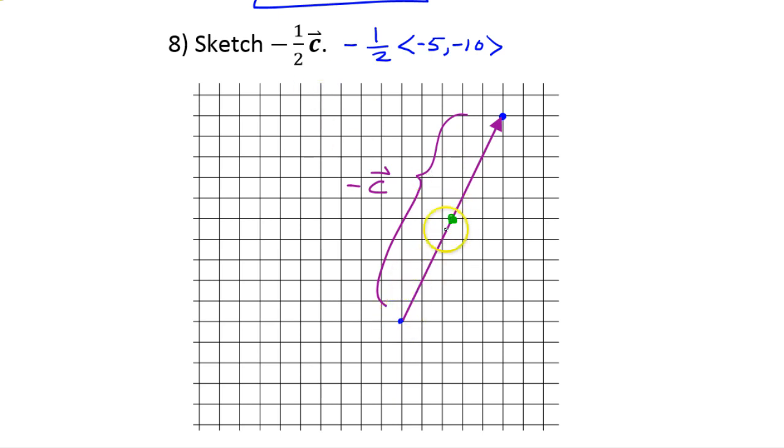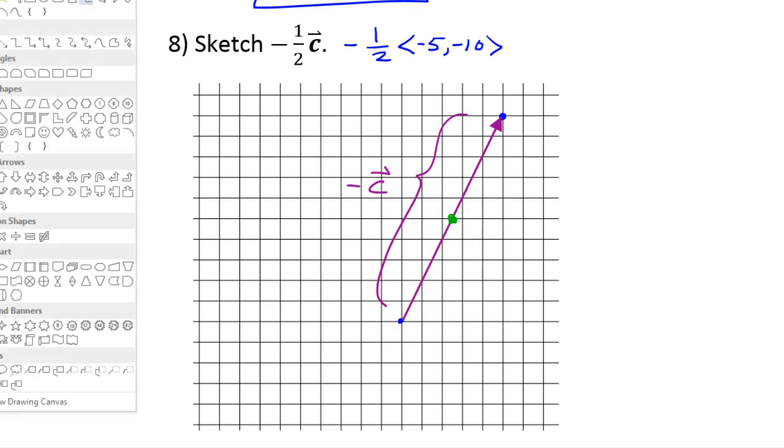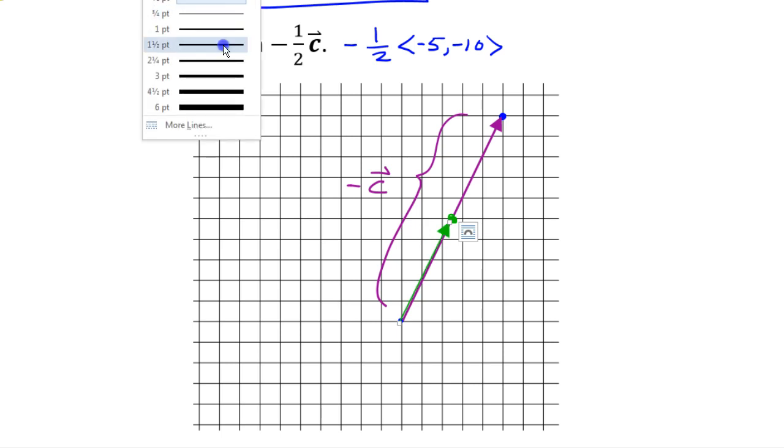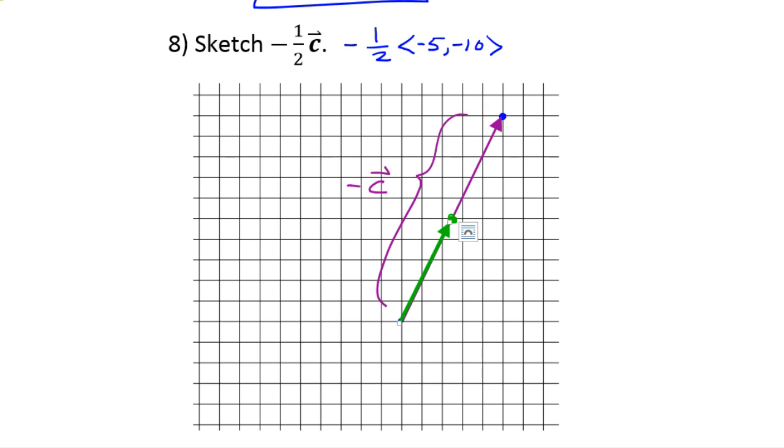So if I draw this vector, that will be -1/2 C. Alright, it's half of -C. That's -1/2 C. Okay, so I'm just going to draw this new vector, but this time I'm only going to draw it halfway. And I'm going to make it green. I'm going to make it extra big since it's sort of overlapping. Okay, so this vector right here is my final answer of -1/2 vector C.